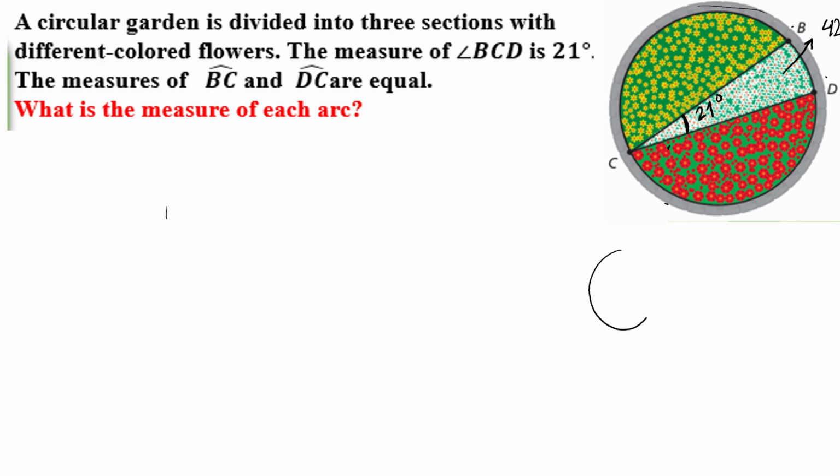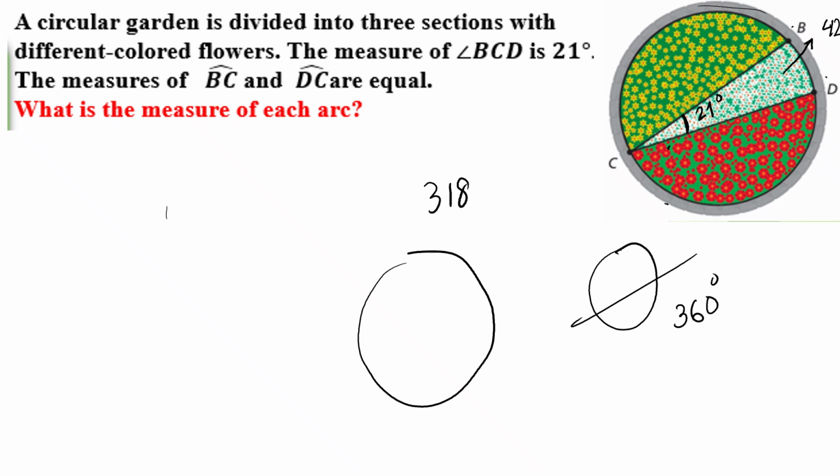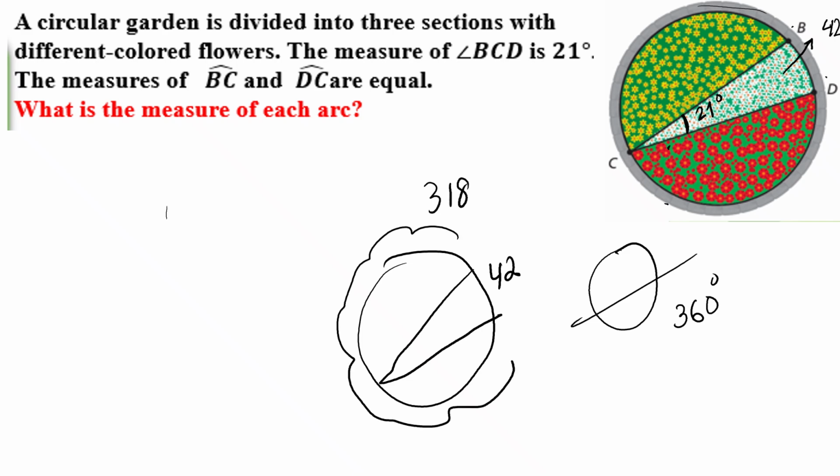Now what is the total degree? Total degree is 360 degrees. So we will do 360 minus 42, which gives us 318 degrees. Means if this is a pizza and I take out this part, which is 42 degrees, how many degrees are left? The degrees left are 318.